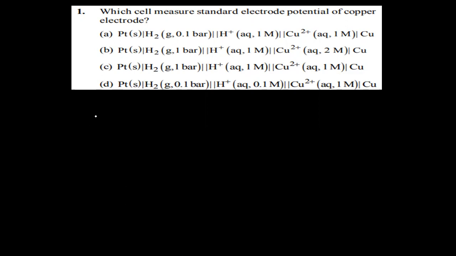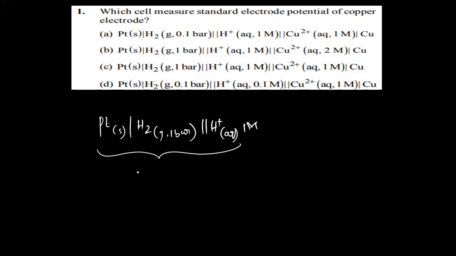So here if you take option C, it is platinum in solid state, then dihydrogen gas is liberated and H plus ions are there in 1 molar aqueous HCl solution, and this electrode is considered as a reference electrode, that is standard hydrogen electrode.